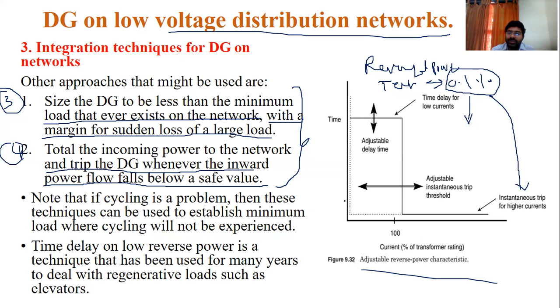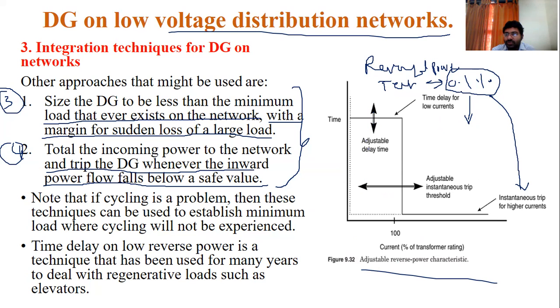This graph shows the adjustable reverse power characteristics of the relay. These are the adjusting threshold levels. This is the time to operate the relay, and whenever the time to operate the relay increases, that means you are decreasing the sensitivity level.